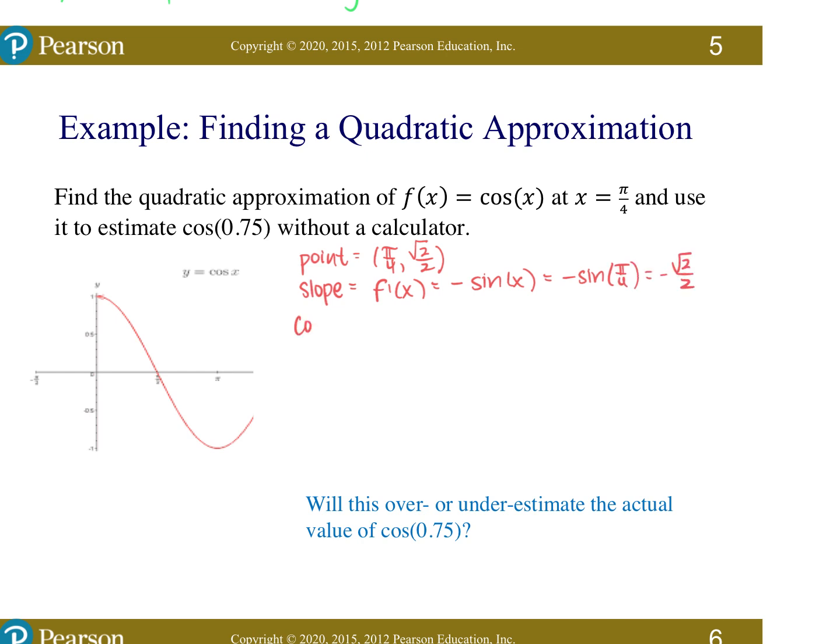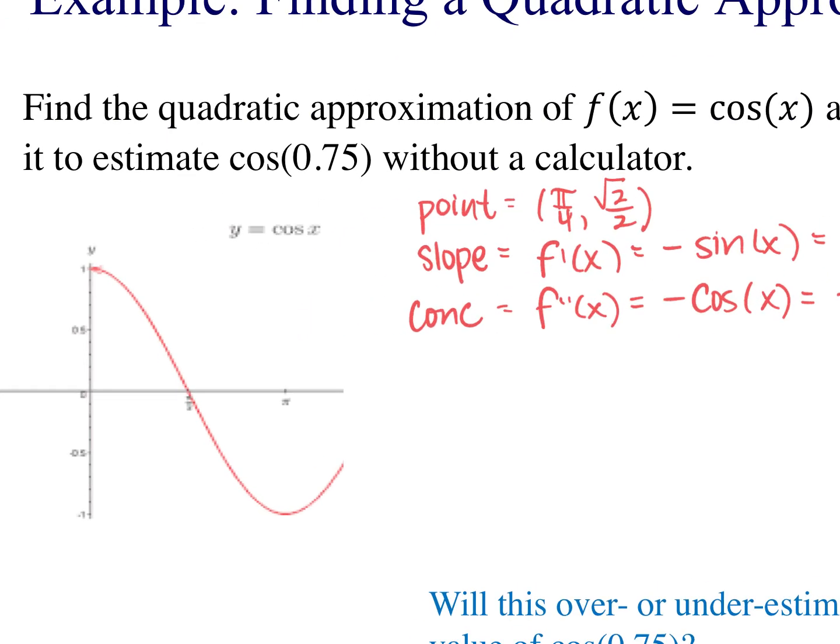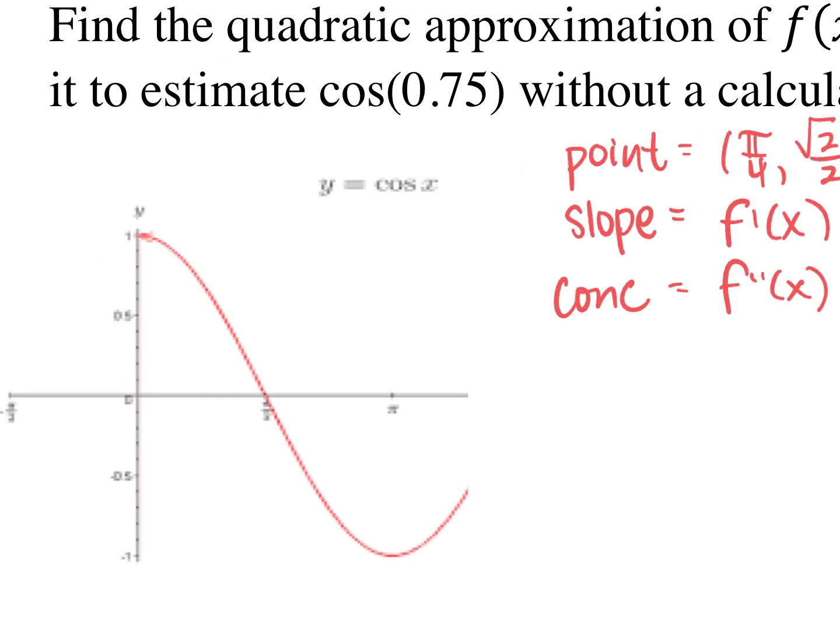And then we're going to have the concavity, which will be f double prime of x, which will be the negative cosine of x, or the negative cosine at pi fourths, which is also negative rad 2 over 2. So this is concave down. And so if we're looking at that position here, at pi fourths, we have our original tangent line in there.